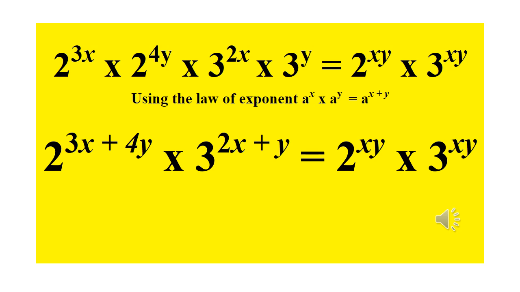So what we have now is, if we use the law of exponents, which says a raised to power x times a raised to power y equals a raised to power x plus y, then since we have the same base 2, we can just say 2 raised to power 3x plus 4y times 3 raised to power 2x plus y equals 2 raised to power xy times 3 raised to power xy.